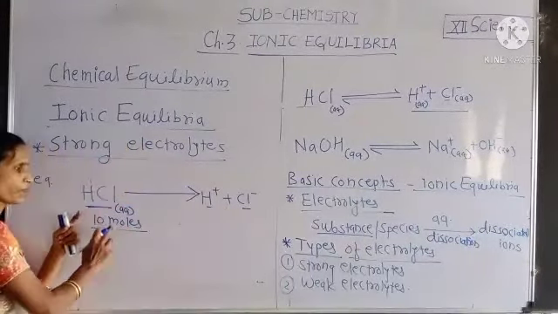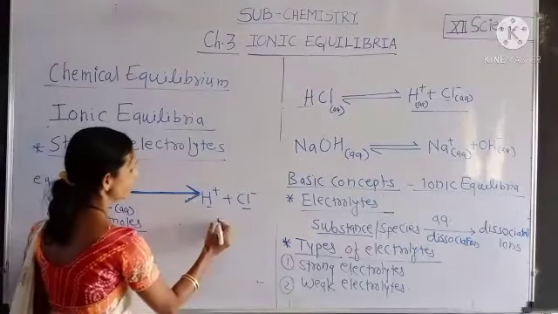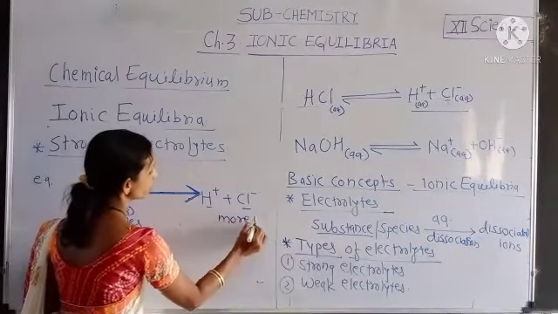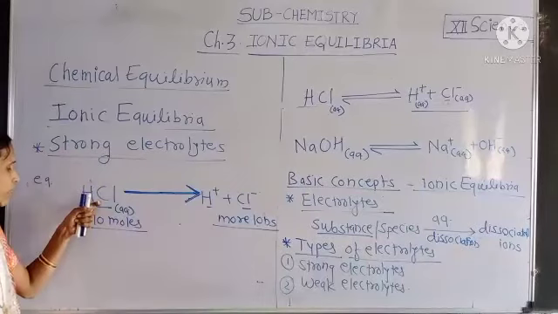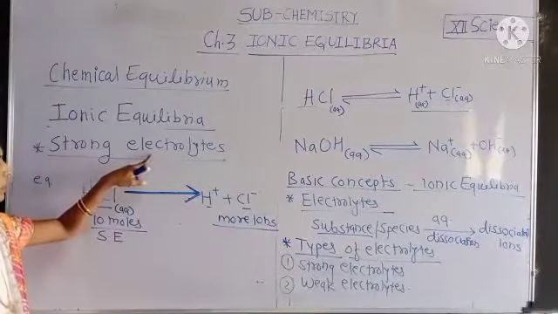That means complete dissociation is shown by the full, complete arrow towards the ions. That arrow indicates complete dissociation of that substance, and more ion formation takes place, and therefore HCl is a strong electrolyte. So what is a strong electrolyte?